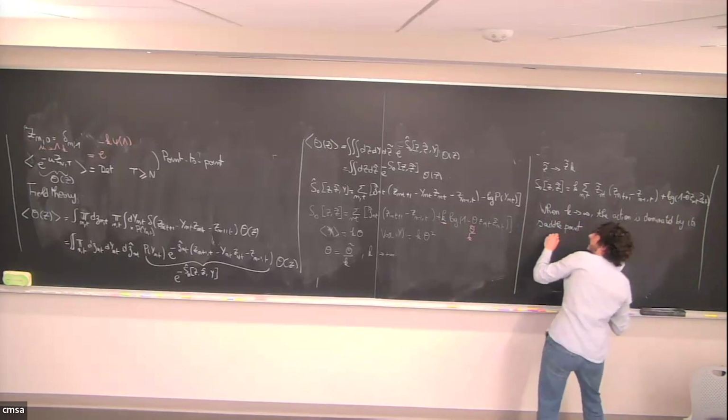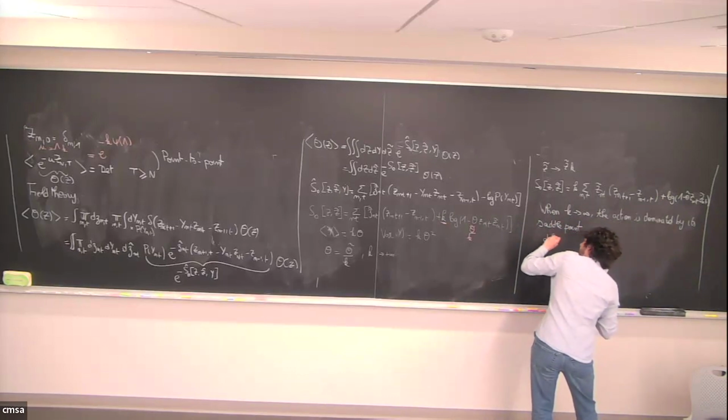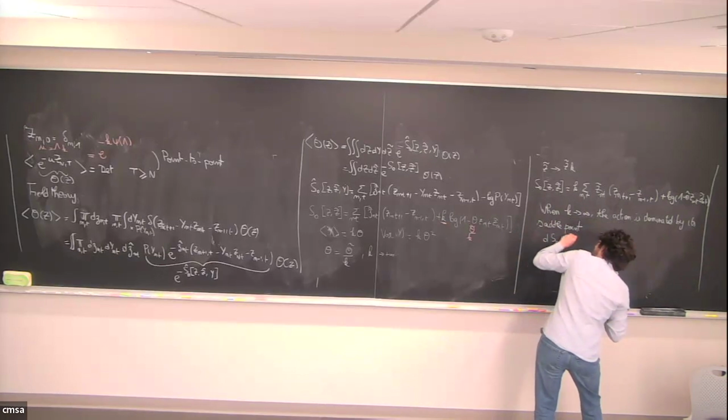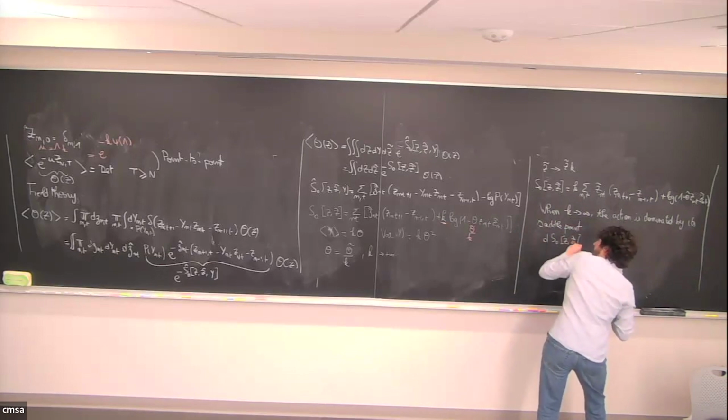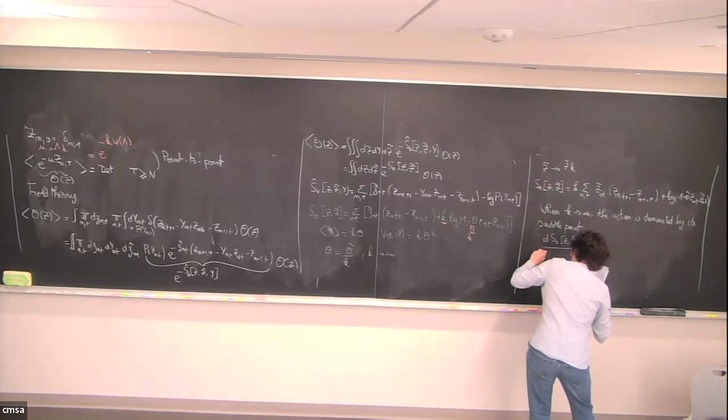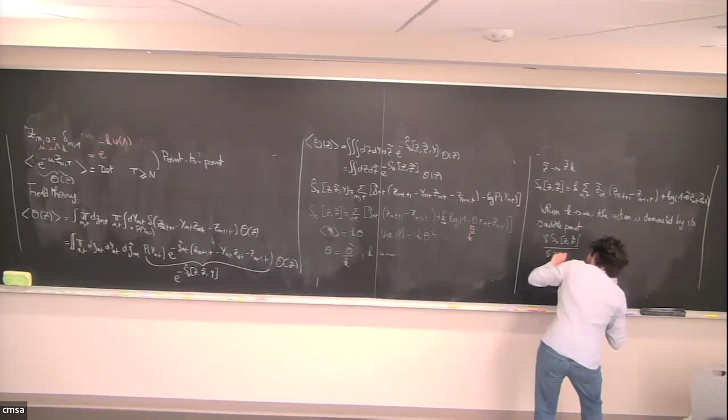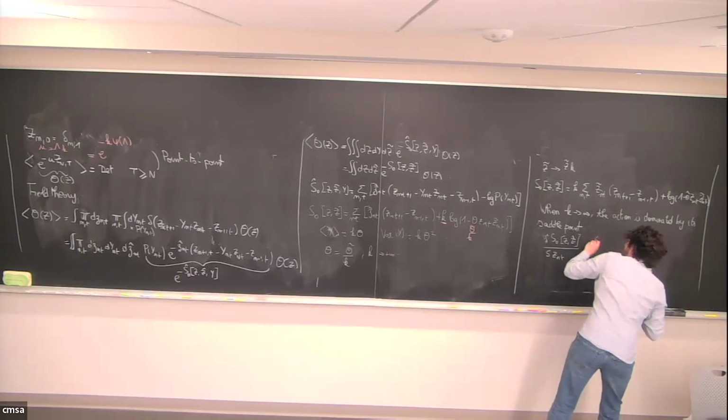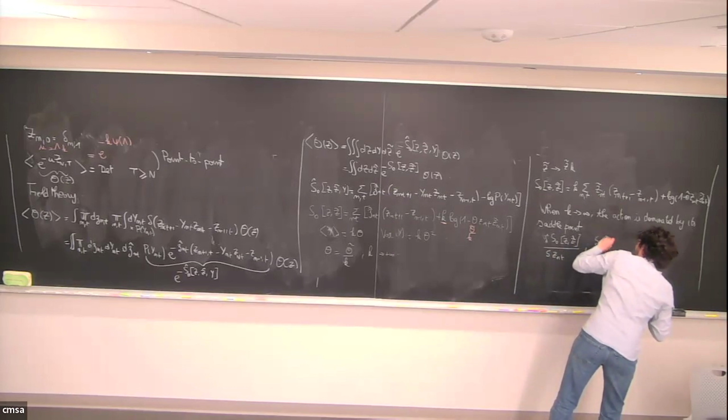By the saddle point, I can take the derivative of my action with respect to my field, for instance z and t, and the derivative with respect to the response field z tilde as well.